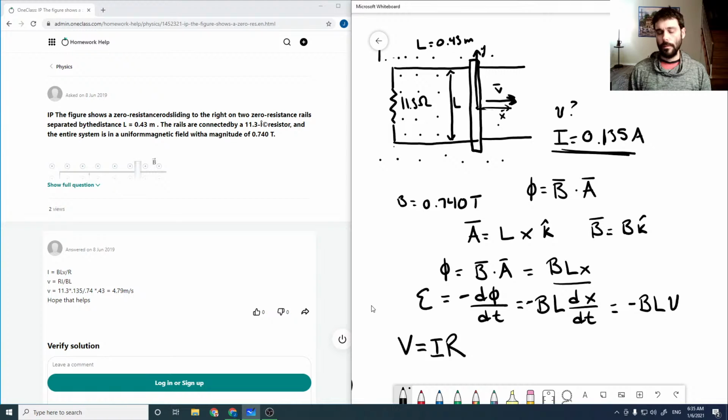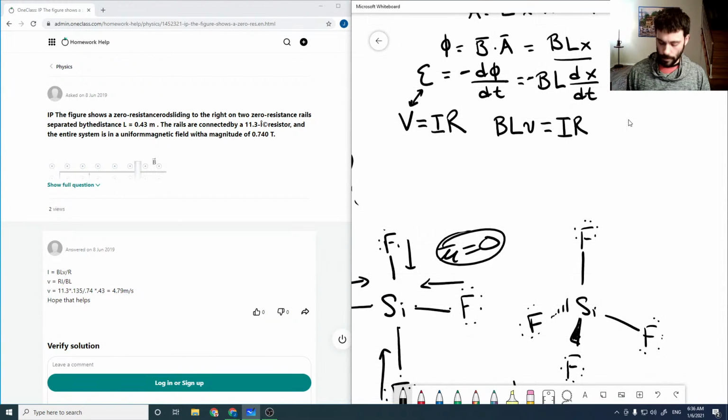In this case our voltage is our electromotive force, and we can chop the sign off because the sign would just change our direction of current flow. We don't need to worry about the direction the current's flowing; we just need to know the voltage that's being dropped. So we'll use the unsigned: BLV is IR.